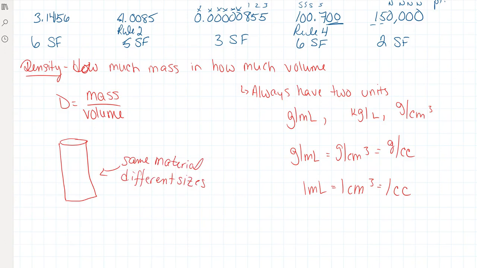So we're going to do a quick example. Let's say I have a cylinder and I record the mass of this cylinder to be 81.38 grams on my digital balance, and I determine the volume using a technique called displacement. In displacement, I take a graduated cylinder and I've got some water in the bottom.